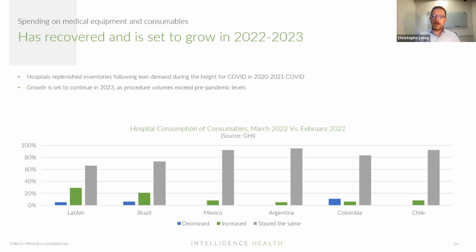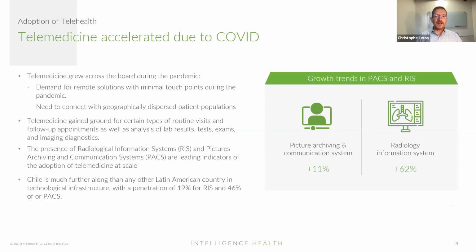Some of the demand on the part of hospitals throughout the region was to replenish inventories that had been left depleted throughout the pandemic. So for certain types of equipment, and especially for consumables, the growth may flatten somewhat in the coming year, but overall we're going to see a strong trend moving into 2023. So if we can move to the next slide, please.